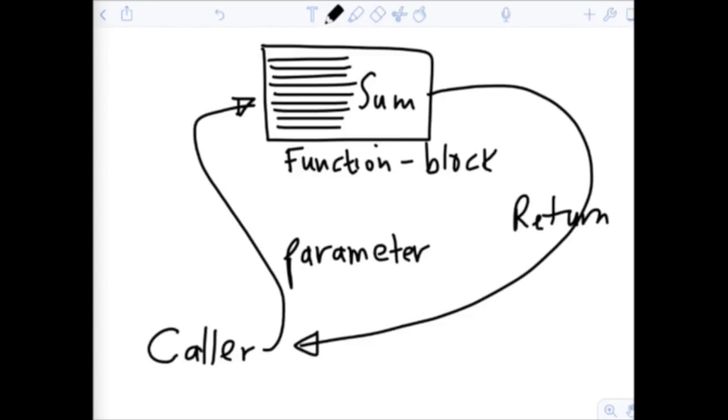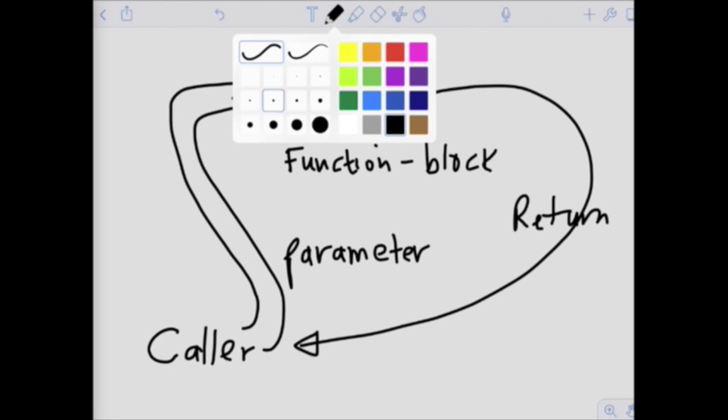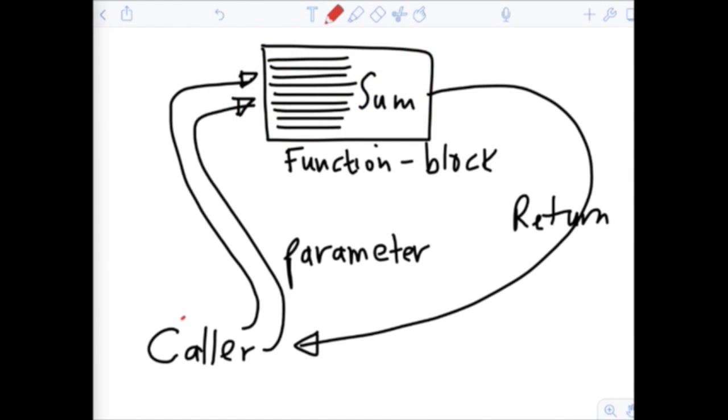Now you could have more than one parameter being passed as an input value to the function. Or if you don't want to have a parameter passed to the function as an input, you could pass no parameter to the function. That is referred to as void. You're sending no parameter to the function. Also, you don't necessarily have to return a value.